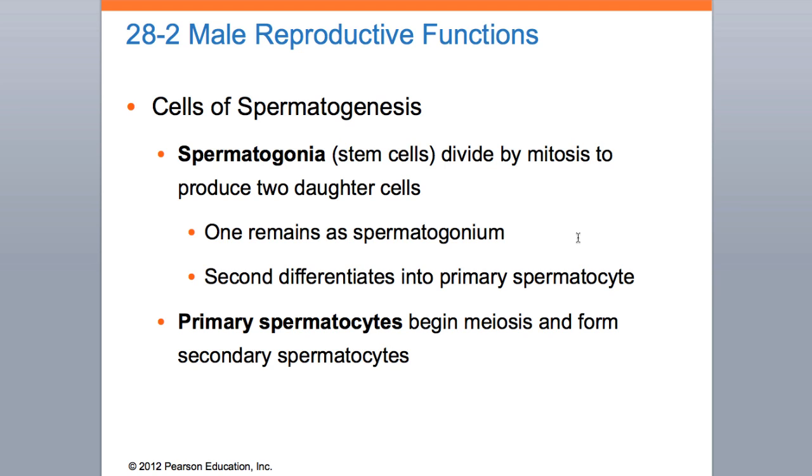Now, meiosis is going to produce the haploid number of chromosomes in the sperm. Our body cells have 46 chromosomes. The sperm, on the other hand, is going to have 23 chromosomes. The magic of the 23 chromosomes, because of meiosis, is that the 23 in each individual sperm will be 23 chromosomes that have been shuffled.